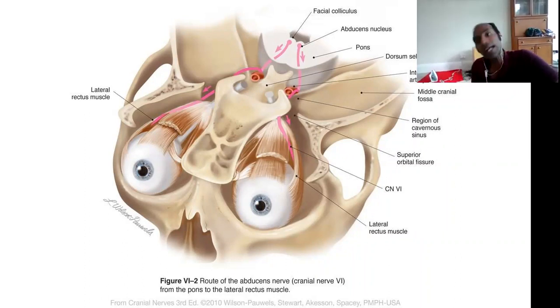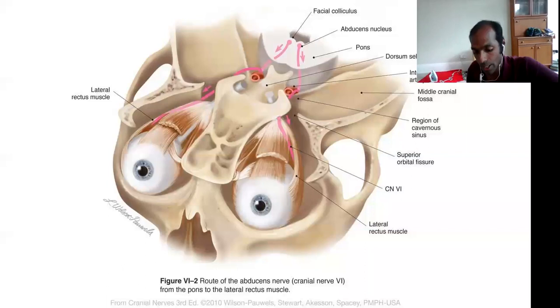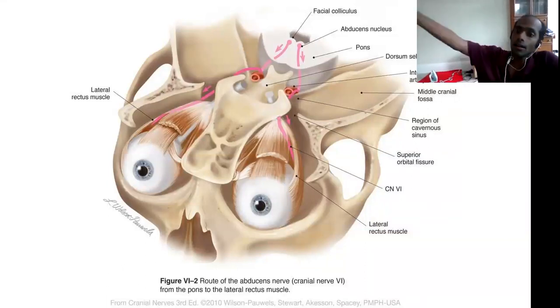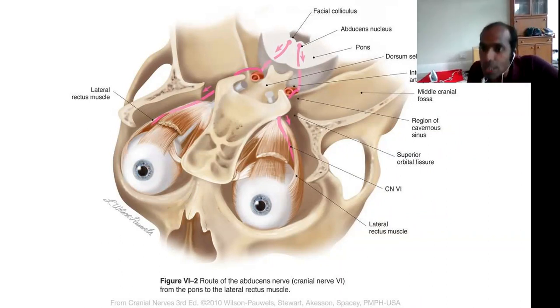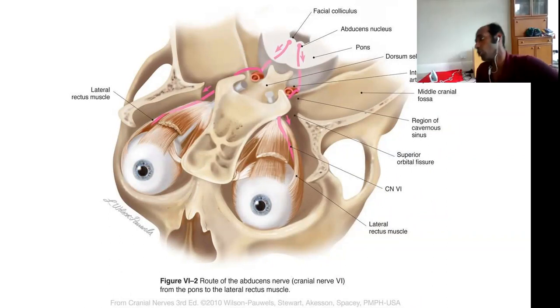They are together at the petrous temporal bone. 6 and 5. Really, inflammation at the petrous temporal bone can cause sixth nerve palsy and fifth nerve palsy. Find out for homework what that syndrome is called. Inflammation of the apex of the petrous temporal bone causes sixth nerve palsy and fifth nerve palsy.